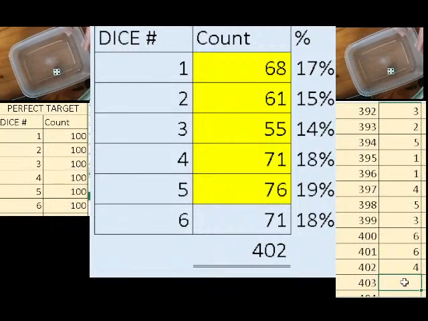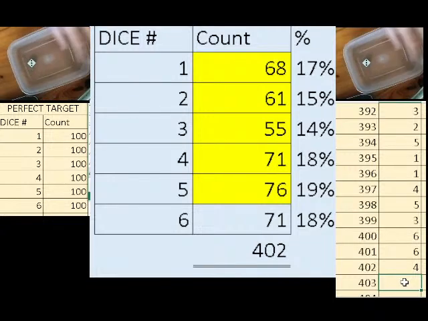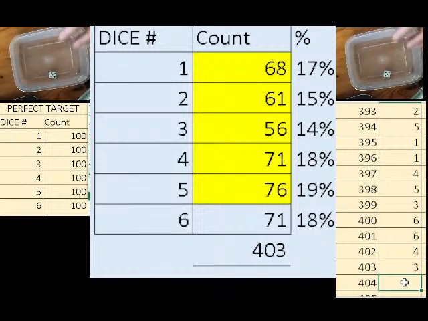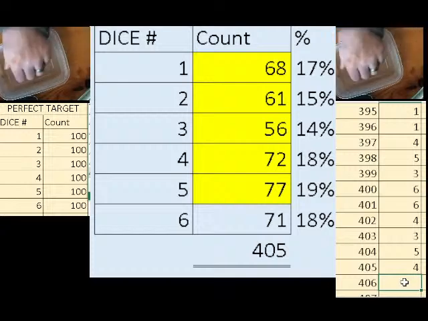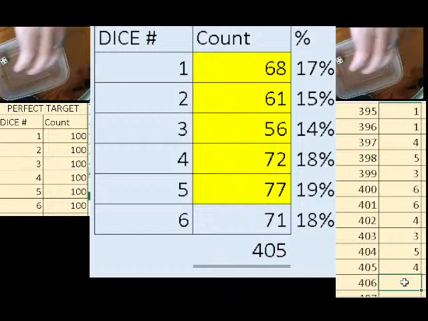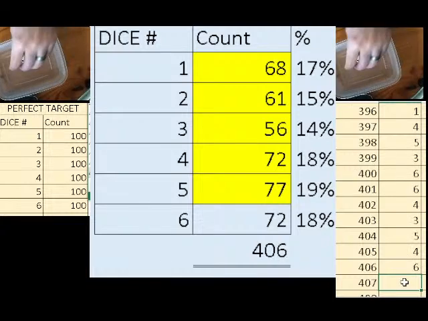Yay. Like, I see the poor 3 is still lagging. Wow, there's a 4 streak.